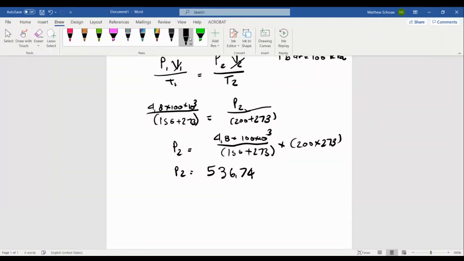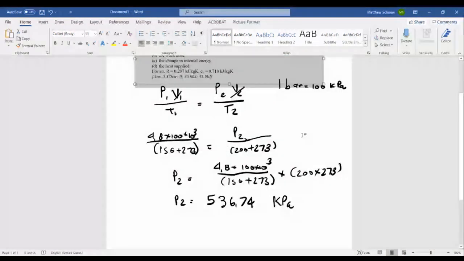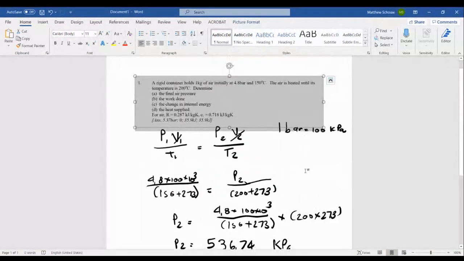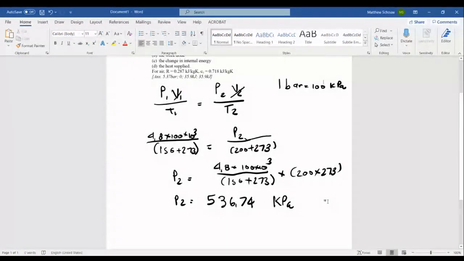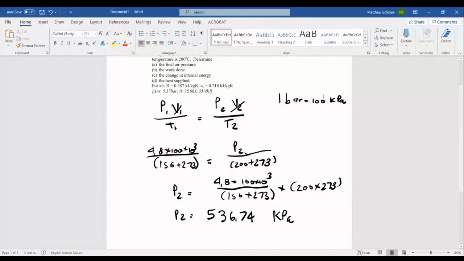And that's in kilopascals. Cool. So is everyone happy with that? Yeah, cool. Speak to me, guys. Yes, sir. Fantastic. Okay, so that's A, right?